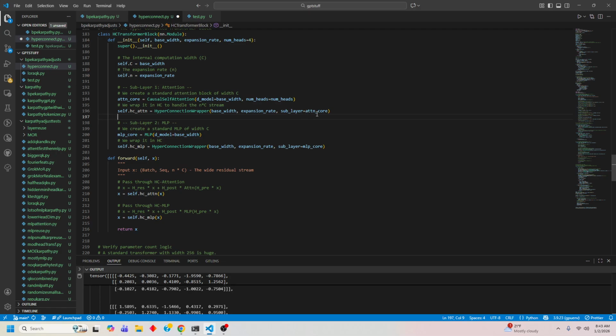The layer inside is the attention core here. You create an MLP. So it's pretty similar. You're going to use the attention and then the MLP, as in the standard transformer.